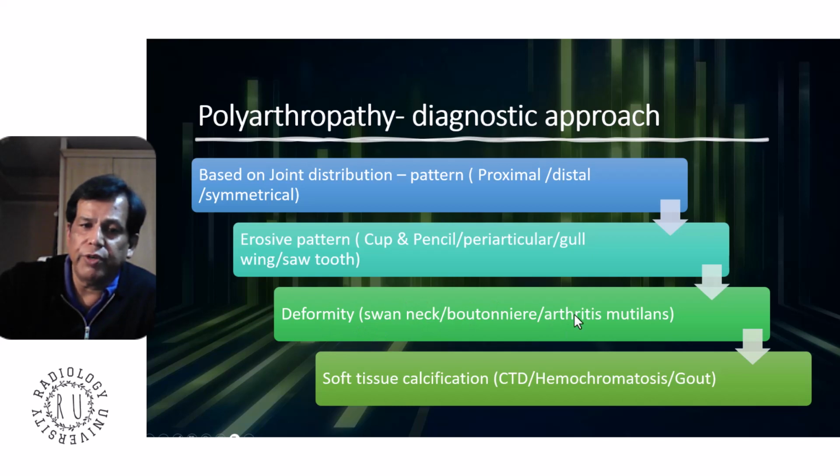Soft tissue calcification: connective tissue disorder, mainly scleroderma; hemochromatosis; and gout or tophi calcification. This is where poly can land up. Distribution, erosions, deformity, soft tissue patterns. This is just to remember how to approach.